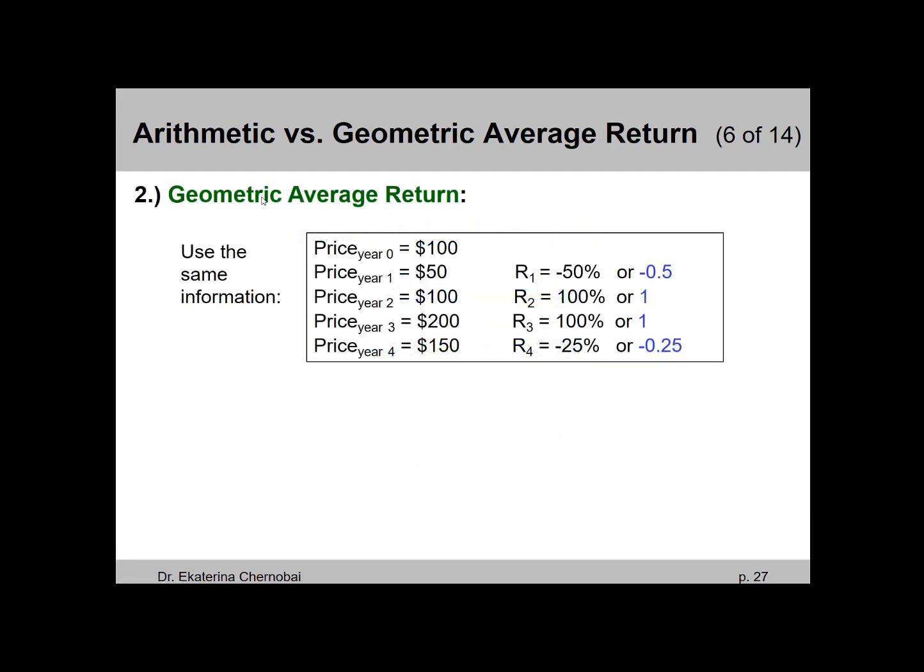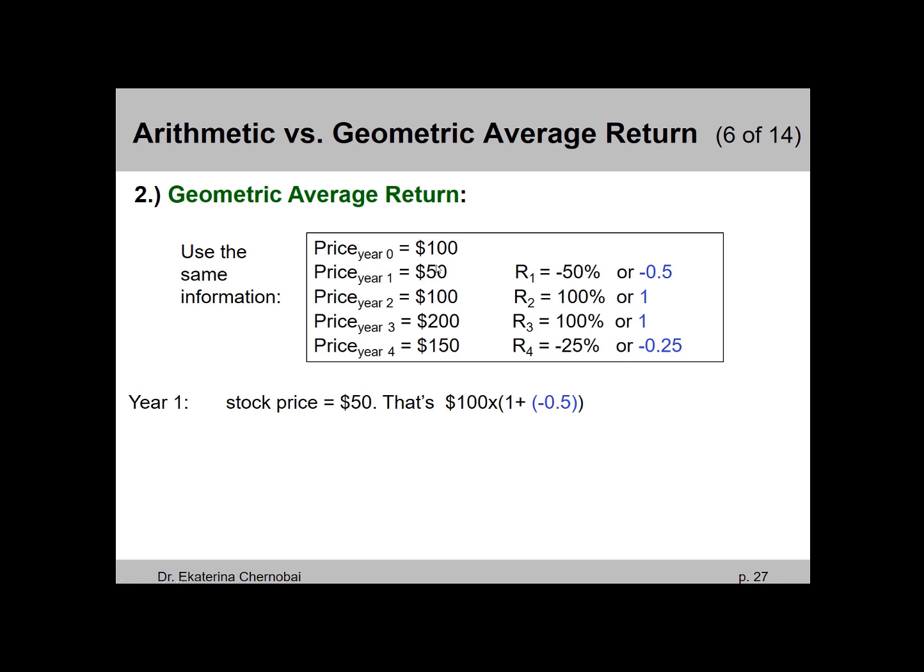And now let's look at the geometric average return, the last question. So we have our prices, they were given. We have just calculated the returns in percent, in decimals, which we use to find the arithmetic average. Let's look at this information a little bit differently. In year one, the stock price was $50, right?